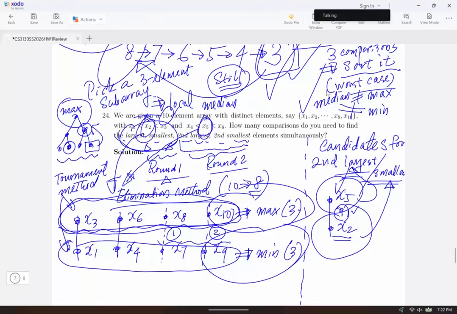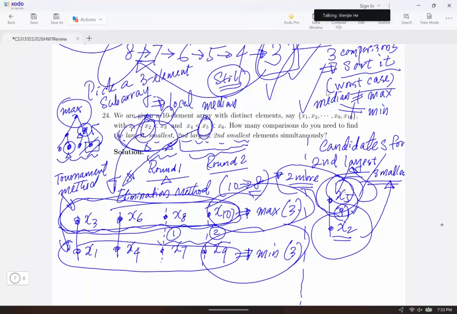So you can see the largest number of candidates is 2 from the winners group, other than x5.